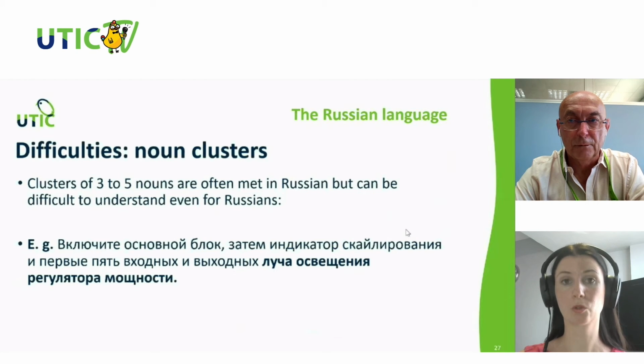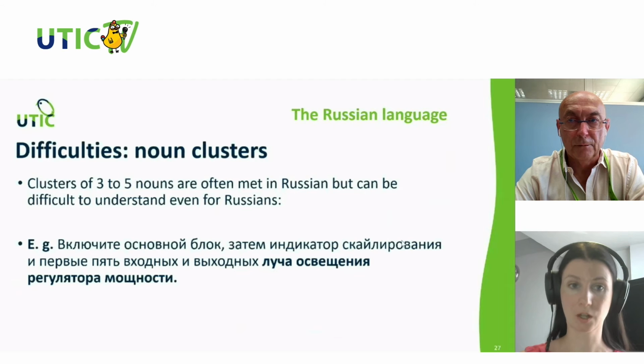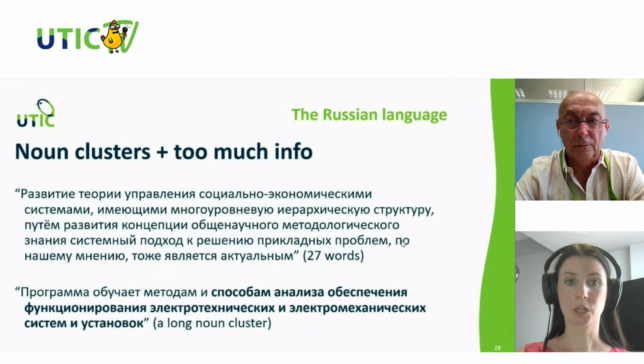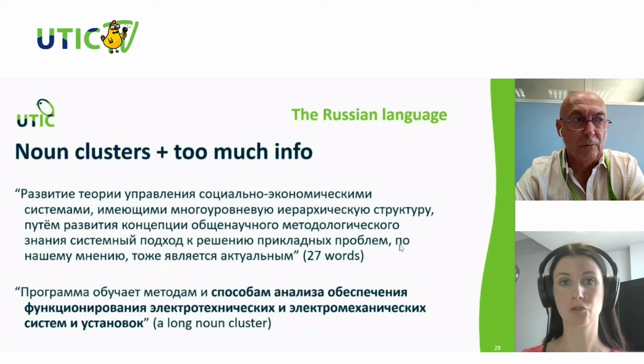We have to try to understand and make it clear to native speakers and non-native speakers. Moreover, this loading of nouns is accompanied by different grammatical structures, which prevents understanding information in general.